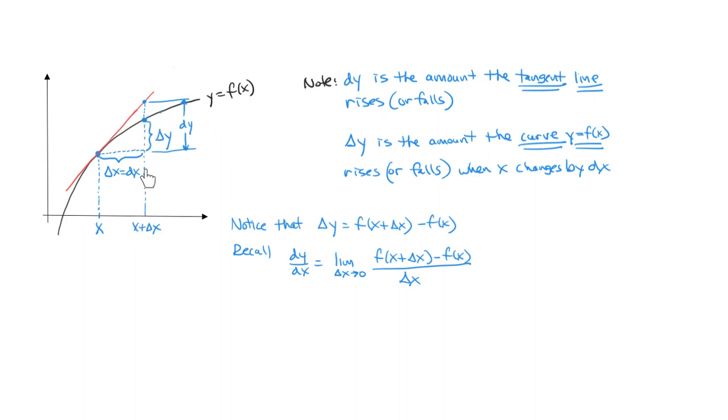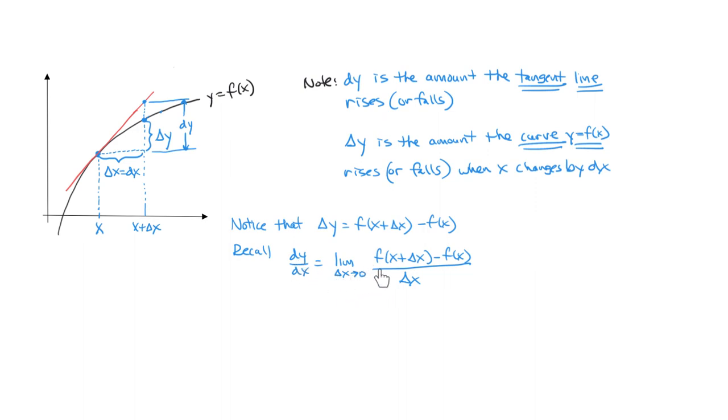So f of x plus delta x minus this y-coordinate here, which is just f of x. So you subtract that. Then also, if you remember, before we had this limit definition of a derivative, now probably you've seen this more often with an h instead of delta x. But it's really the same thing, right? This was an h, we had x, and then we had x plus h. So it's the same thing, just different notation.